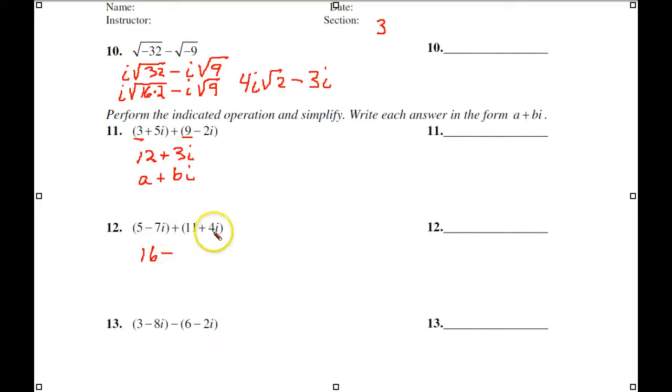A negative 7 and a 4 is a negative 3i. Now here we're going to use our rule where this becomes positive, this will become negative, and that will be positive. So 3 minus now 6 is going to be a negative 3, and a negative 8 and a positive 2 is a negative 6i.